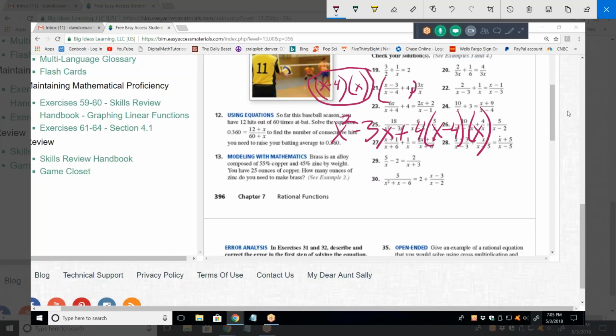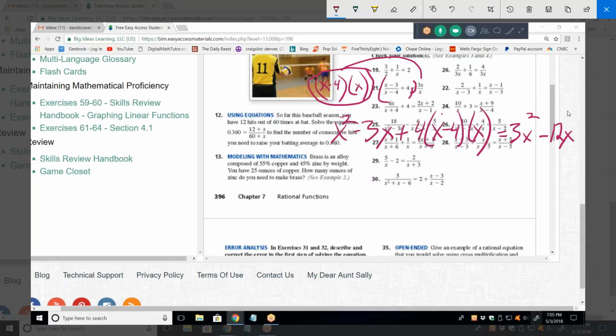What's my right side? I got to multiply the right side by those same two. So it's 3x squared minus 12x. Now, I guess at this point I've got to distribute this.